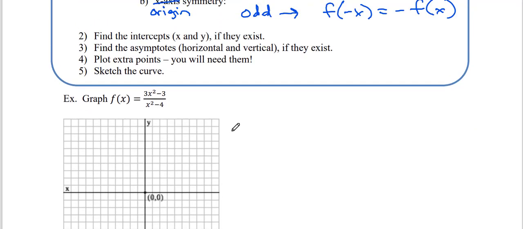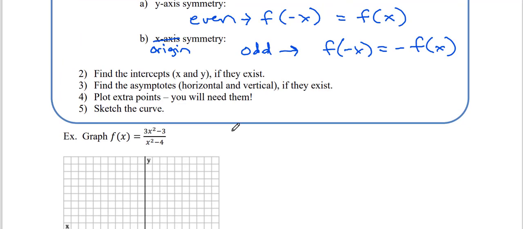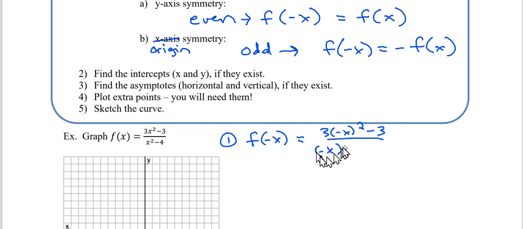Let's try these steps in this function. Let's first check for symmetry by plugging in negative x in place of x. 3 times negative x squared minus 3 over negative x squared minus 4, which is 3x squared minus 3 over x squared minus 4.